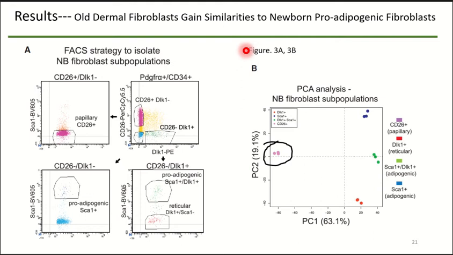We can see in Figure 3b that CD26 positive is different from the other three fibroblasts. It means that reticular and adipogenic fibroblasts are relatively similar.